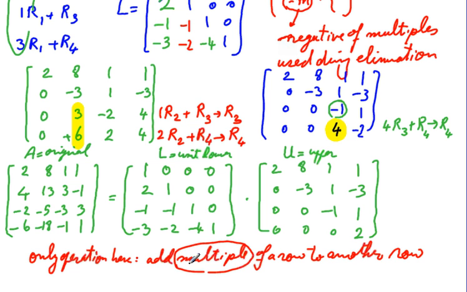These multiples, the negatives of the multiples, occupy the L matrix. Then you're all set.